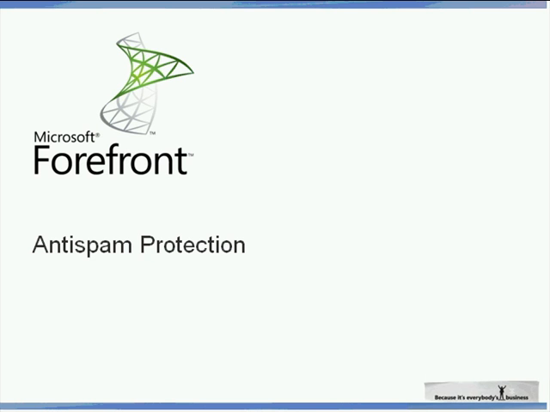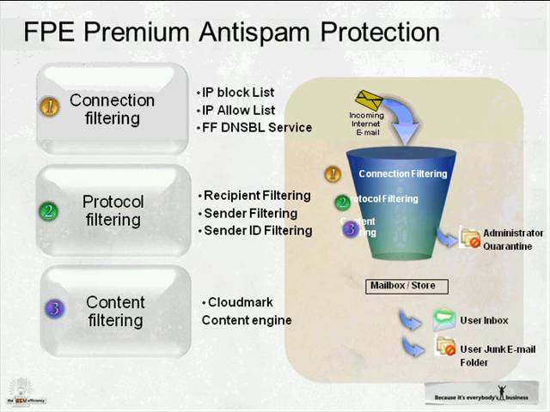So let's move on to some of the anti-spam protection features in Forefront Protection for Exchange 2010. Forefront Protection for Exchange Premium Anti-Spam Protection complements existing features in Exchange Server and in the Threat Management Gateway. So what do we have here?